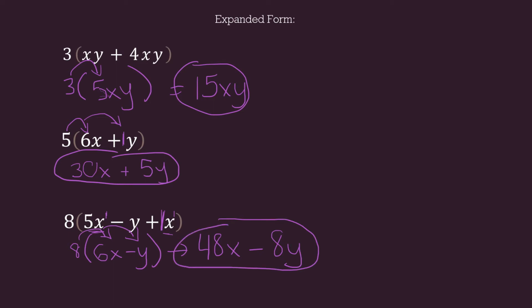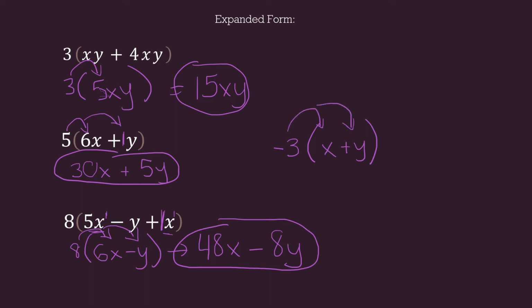Before I move on, there's something that I didn't mention before, and that is when the sign on the outside, so let's say I had a -3 and inside the parentheses an x plus y. When you have a negative on the outside and you're distributing inside the parentheses, it's going to change the sign of the terms inside of the parentheses, and I'll show you what that means.